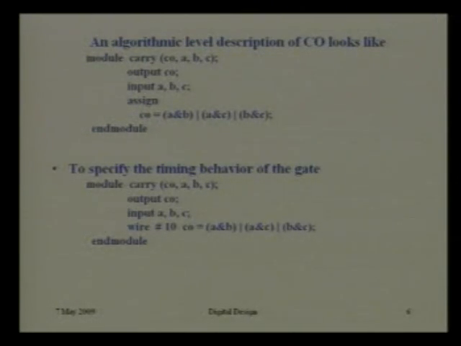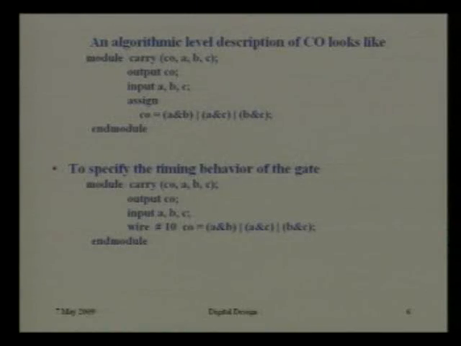Then, to specify the timing behavior of the gate. Now, what was not there in C programming is that there we don't need any clock, because you are mainly simulating on software. Now we need some exact physical parameters. See how we give some delay or time to specify the timing behavior of the gate.